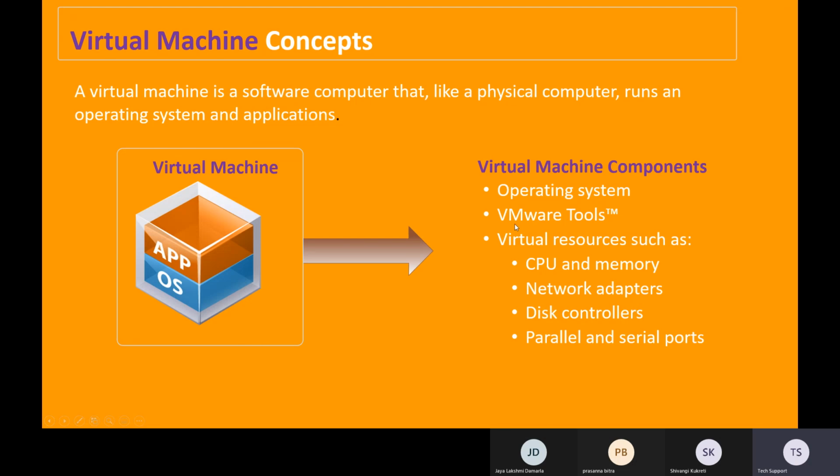Yesterday we installed VMware Tools. The main purpose of VMware Tools is that once we install it, it provides all the virtual machine device drivers. Whatever components we have in a virtual machine, all the hardware drivers are provided by VMware Tools. And virtual resources such as CPU and memory, network adapters, disk controllers, parallel and serial ports.